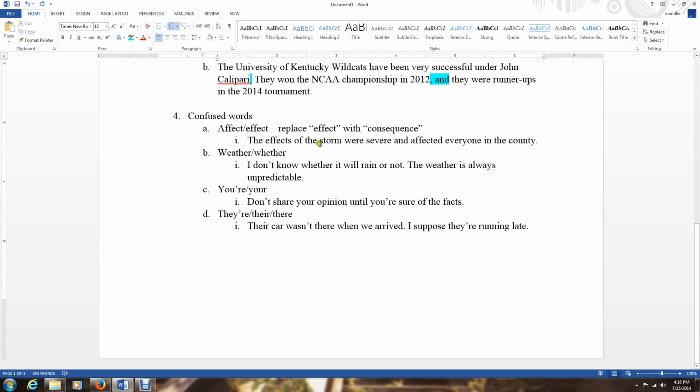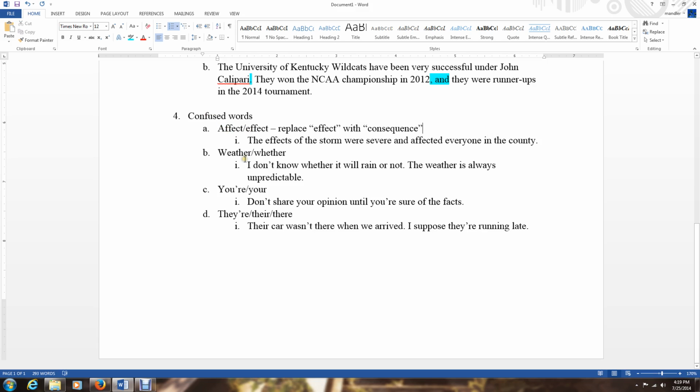So the effects of the storm, the consequences of the storm, were severe and affected everyone in the county. But see, it wouldn't have made sense if I said the consequences of the storm were severe and consequence everyone in the county. So that's a really easy way to tell. If you can replace the word with consequence or consequences and it makes sense, then it's EFF. If it doesn't, it's probably AFF.